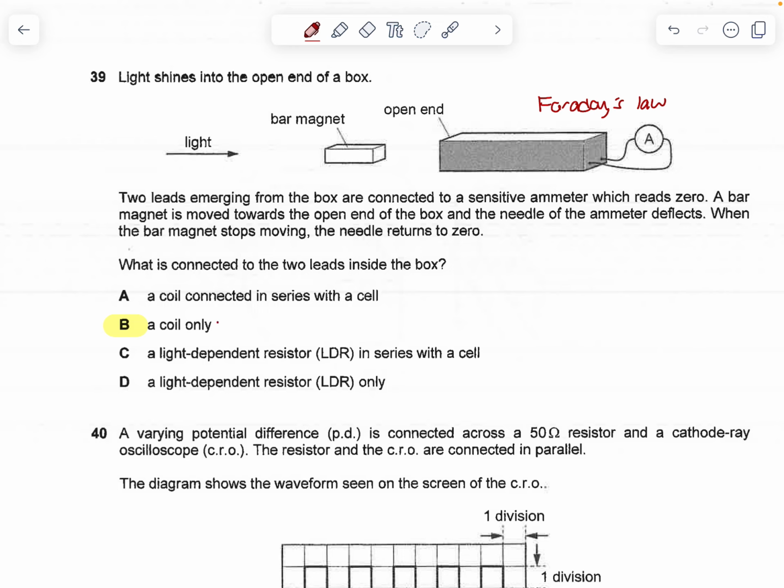And it should be because there's a coil inside. Okay, because the coil is trying to resist the motion of the bar magnet. Okay, so if the bar magnet has a north pole here, a south pole here, the coil will also have a north pole and a south pole.